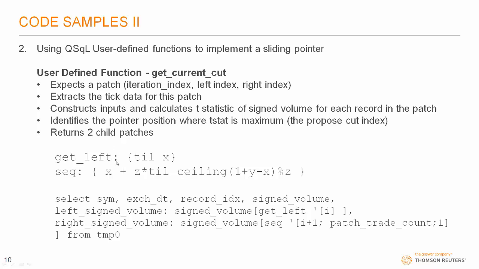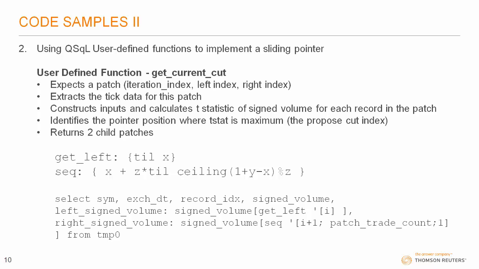So I need to show you first a couple of very simple helper functions, and I think you just get a sense of how really simple the whole thing is using a QSQL query, but making use or exploiting vector functions such as getLeft and a sequence function, which both of them simply return vectors given an input or set of inputs.